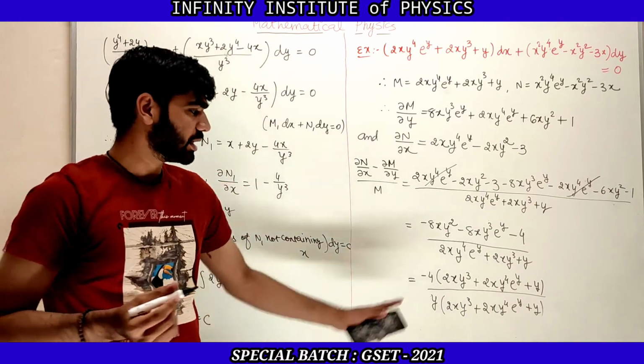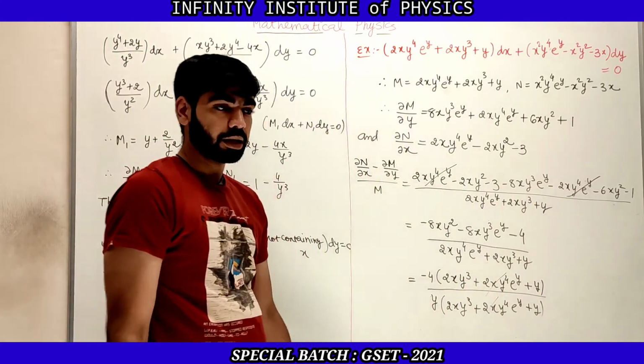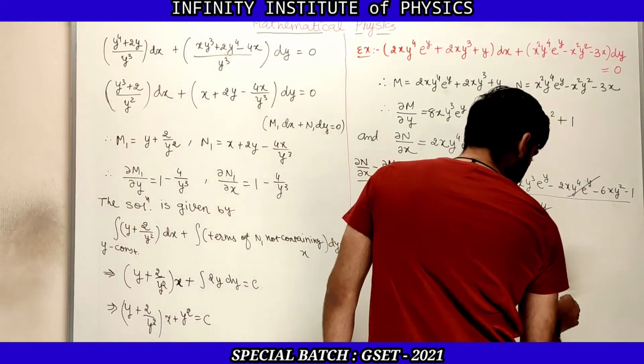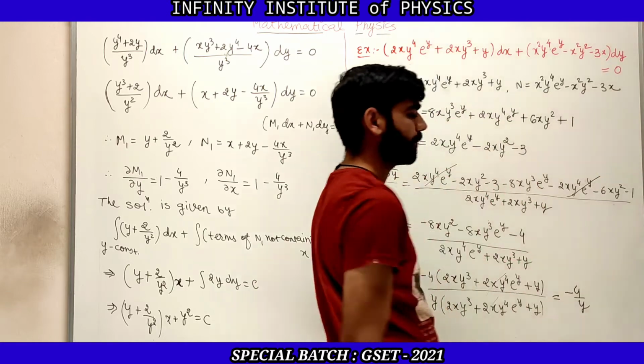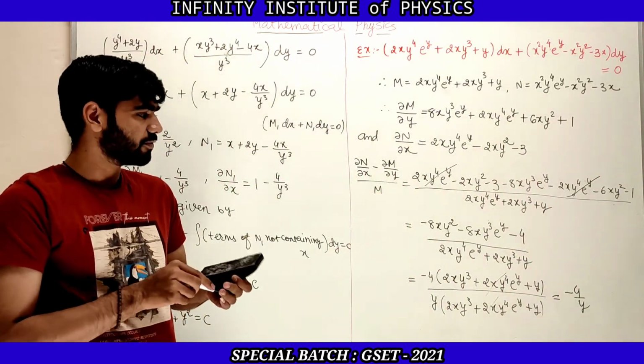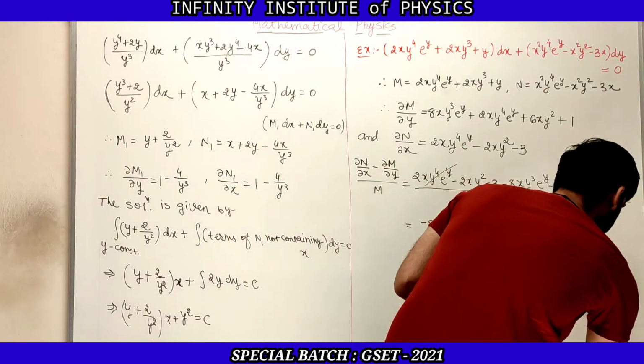Now you can see that the term in the bracket is cancelled out, and the remaining term is only minus 4 by y, which is a function of only y.